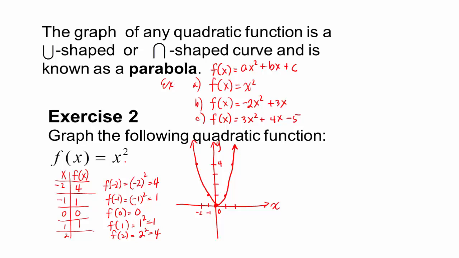So what is the domain? The domain is all real numbers. And based on the graph, what do you think is the range? If you notice, the least value for y is 0 and the rest are all positive, because whether it's negative or positive, when you square it, you always get a positive number other than 0.